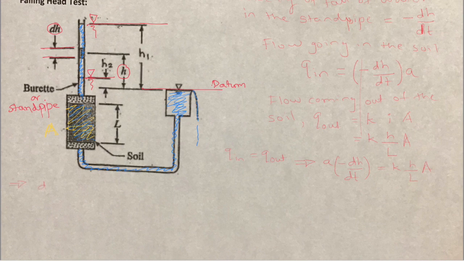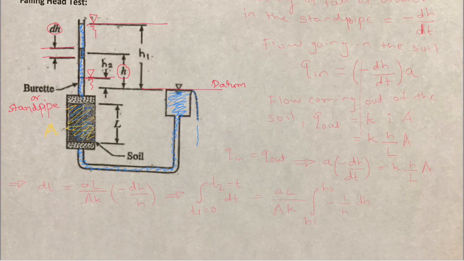Then we are going to rearrange this equation so we can integrate it. So we will integrate from t1 equal to 0, the start of the test when the head was H1, to time t or t2, so H1 to H2 of minus 1 over H dH.